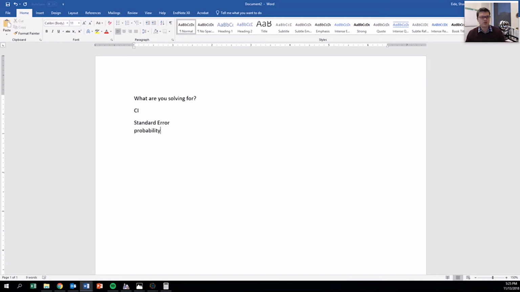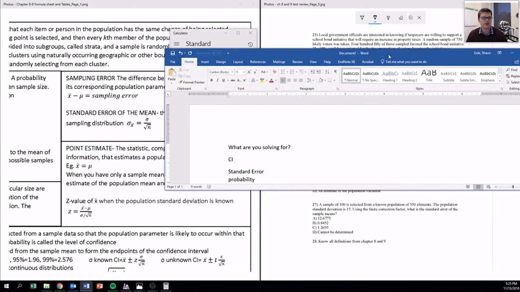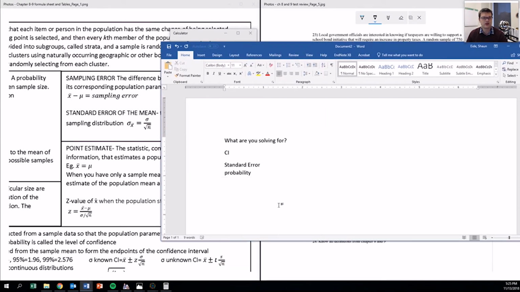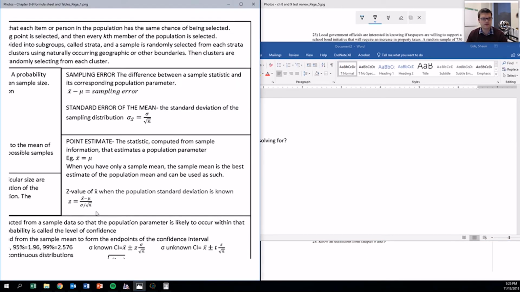You've got all these different formulas, and you need to make sure that you're solving for the exact correct statistic, if you will.